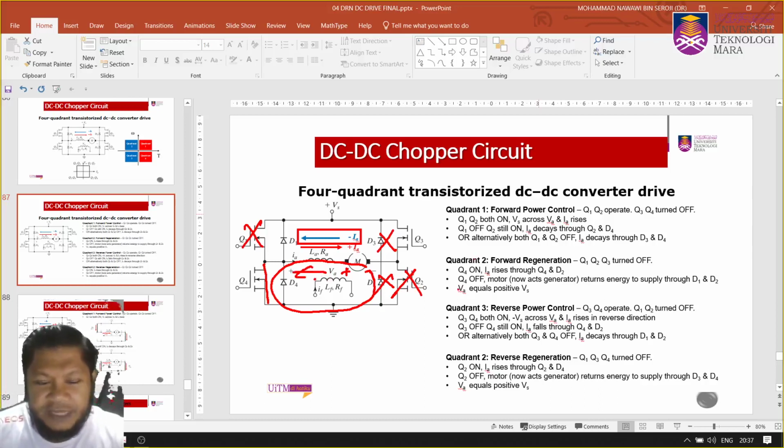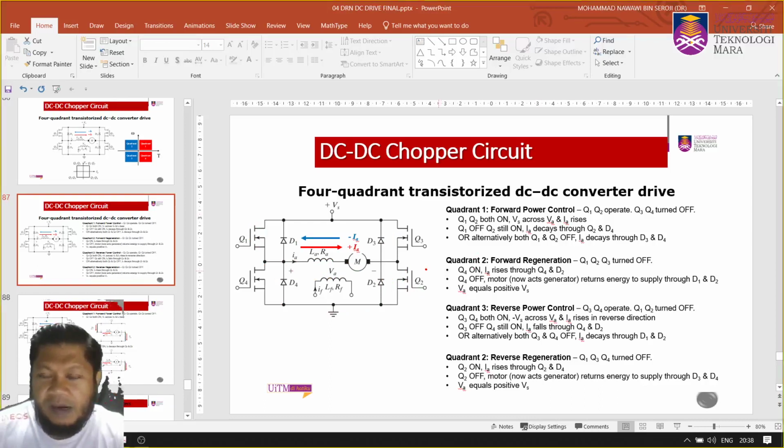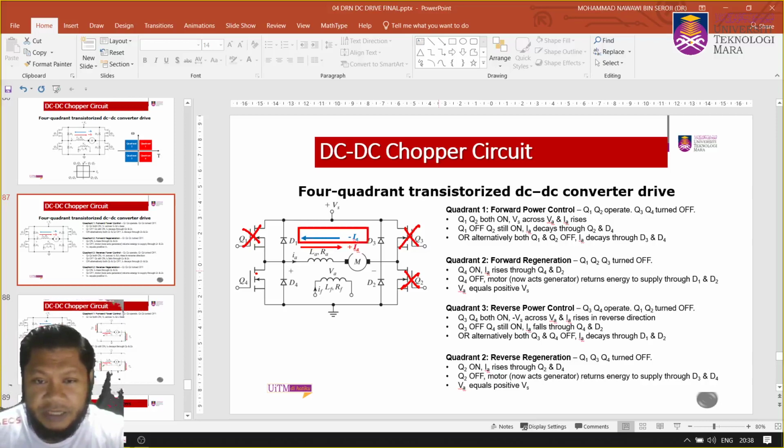Okay, so next you're going to have Q4 off. Remember, Q1, Q2, Q3 are off. Current still flows in the opposite direction here, IA, and then we still have positive voltage here.